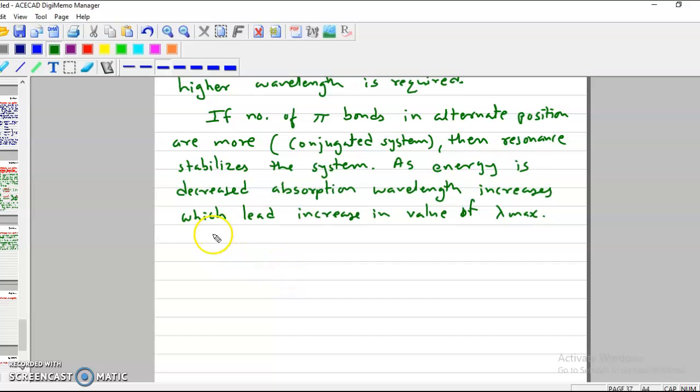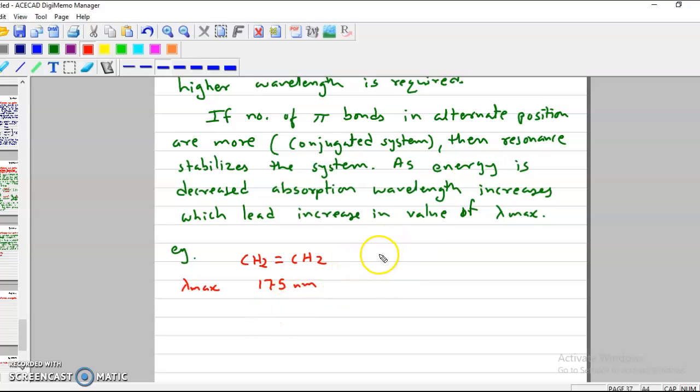Example, if we take ethylene, ethylene has only one pi bond, so only one π to π* transition is possible, and the highest absorption, that is lambda maxima, will be 175 nanometer, which is less than 200 nanometer.